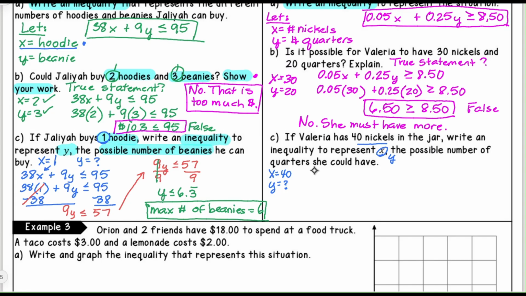Okay, so I am going to use my inequality that I made again. It was 5 cents for every nickel, from up here. So I'm going to do 5 cents times 40 plus 25 cents for every quarter, and that is going to be greater than or equal to 850. Let me grab my calculator and we can see how much.